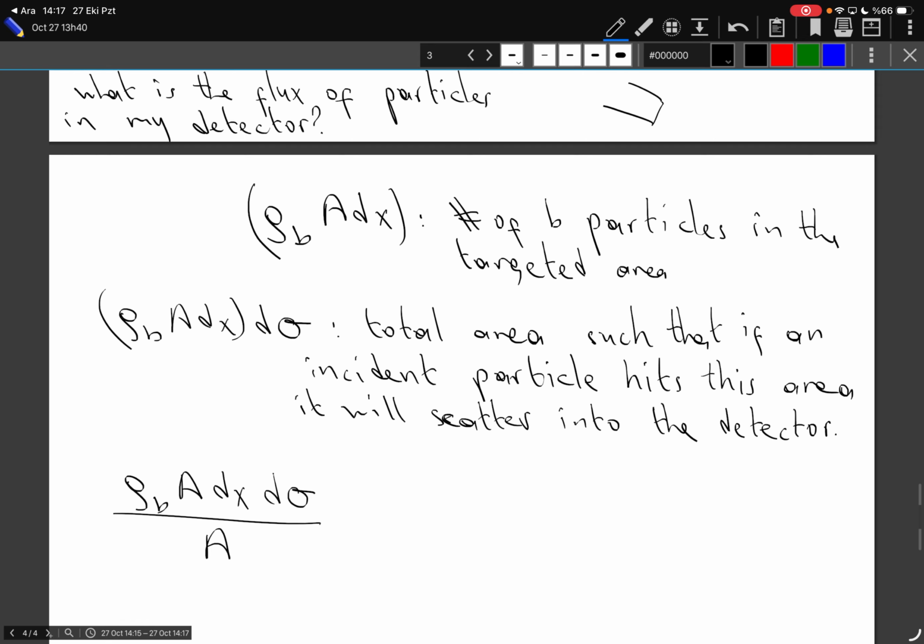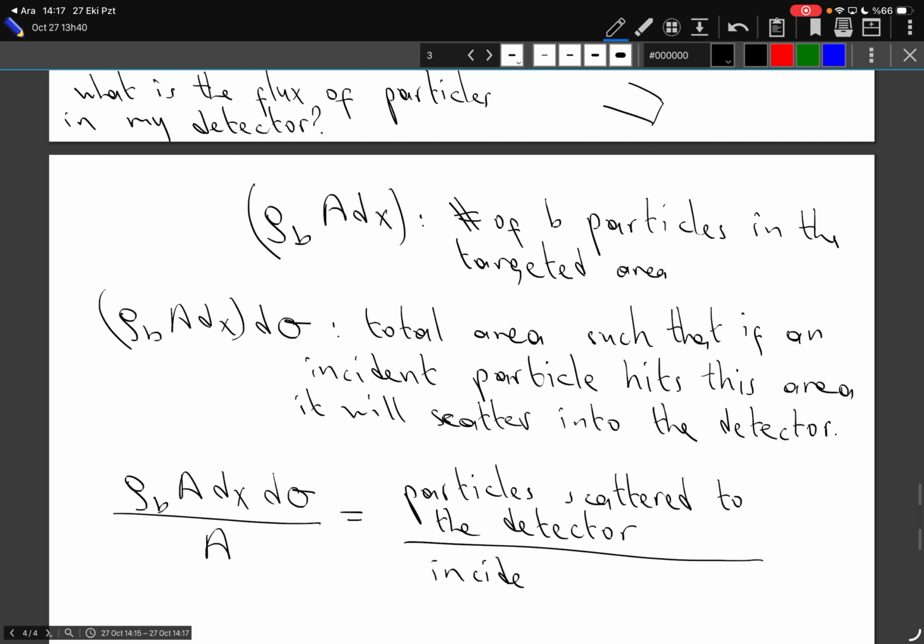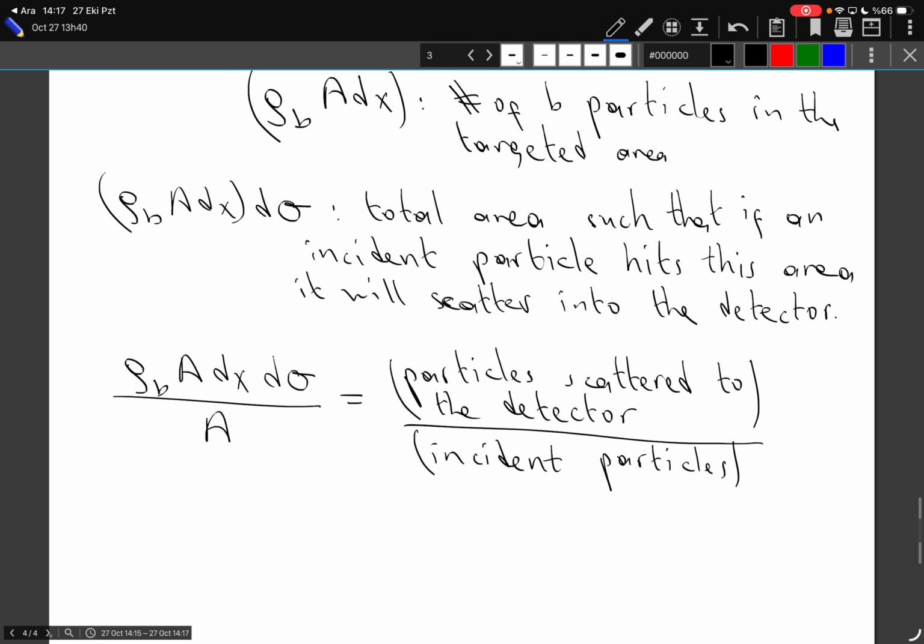But this fraction will be the same as scattered particles to the detector over incident particles. Well, A is basically cancelled.